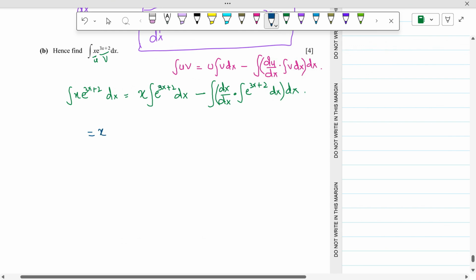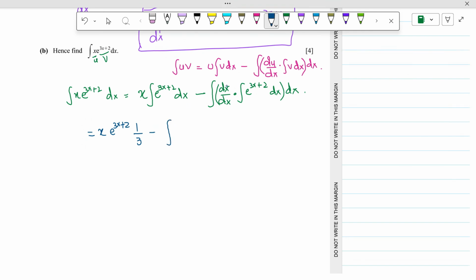So x times the integration of the exponential term will remain the same, and the coefficient of x is 3, so it will be divided, minus the integration of the derivative of x, which is 1, and the integration of the exponential term will remain the same, and the coefficient of x will be divided, and this one will be integrated again.